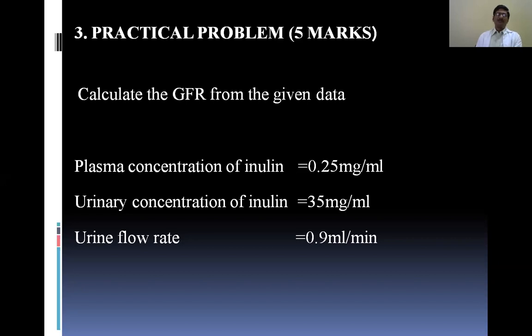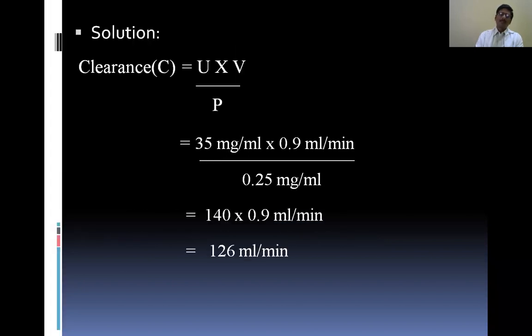Now let us see the solution. Clearance is equal to UV by P, as I said. Putting in the values, 35 divided by 0.25.